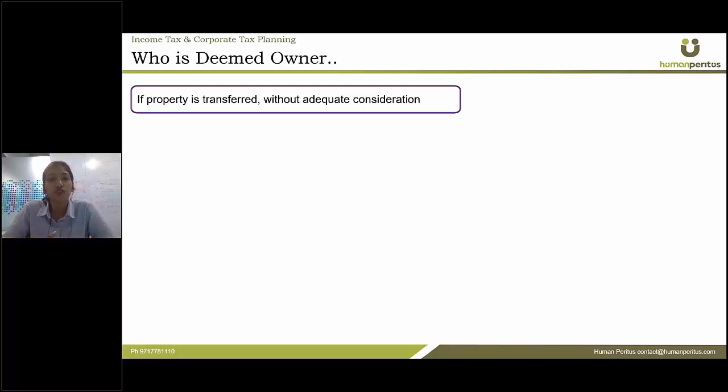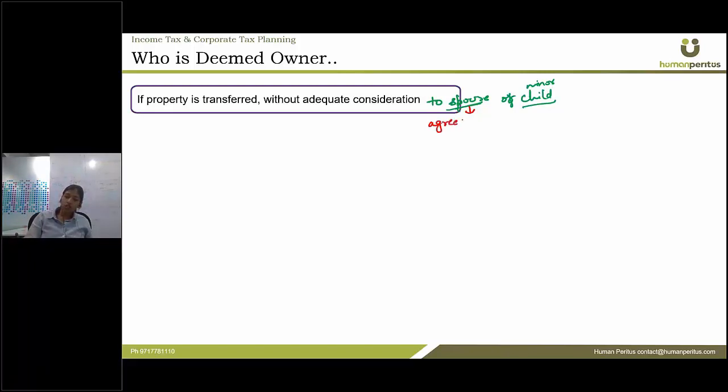If the SSC has transferred the property without adequate consideration to his spouse or minor child, then even though the property is legally in the name of the spouse or the minor child, the property, or the income that we calculate from that property, will be considered in the name of the SSC only, not in the name of the spouse or the minor child.